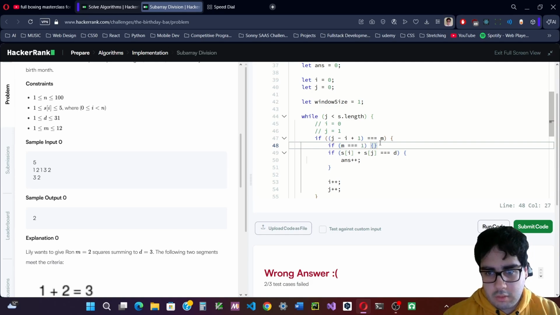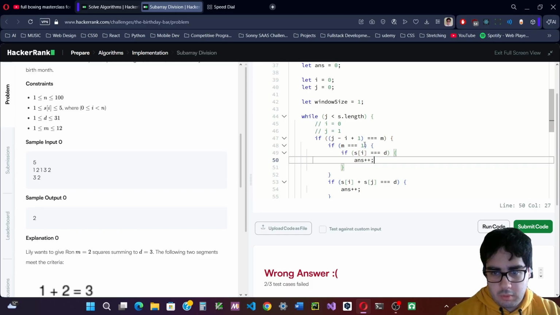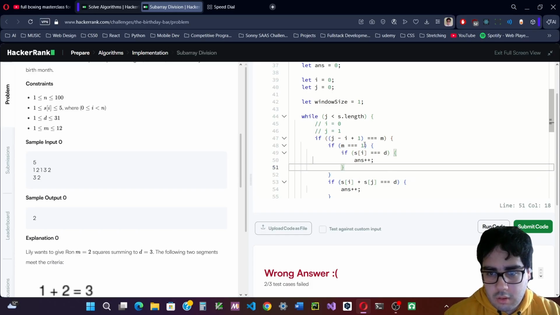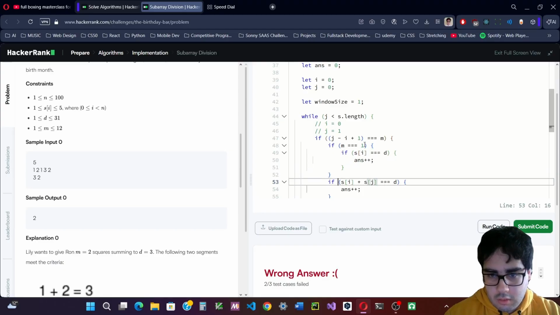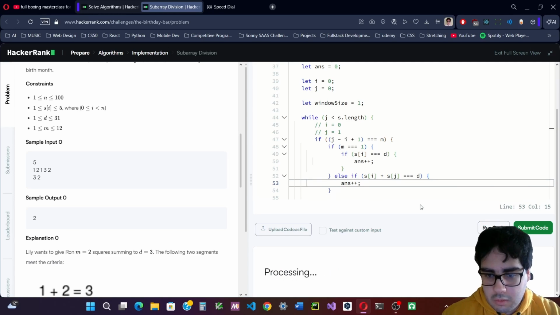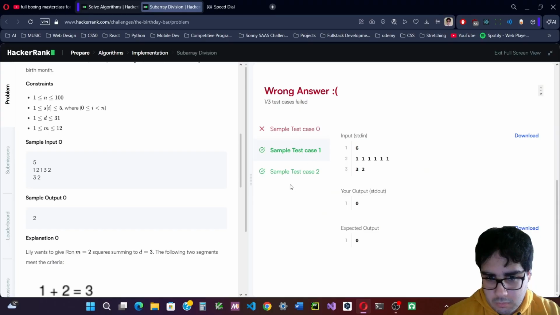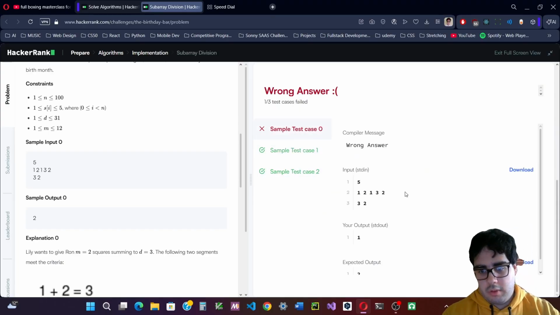If s of i equals d, then plus, else if. Okay, now it's this.